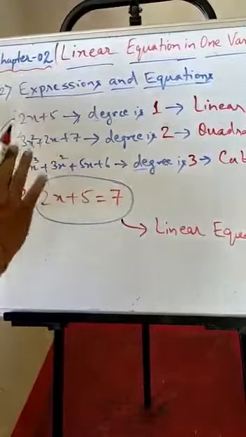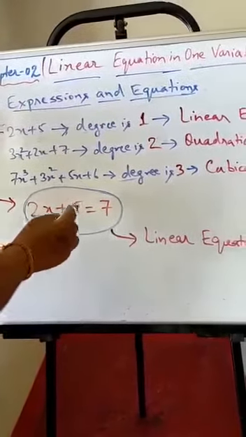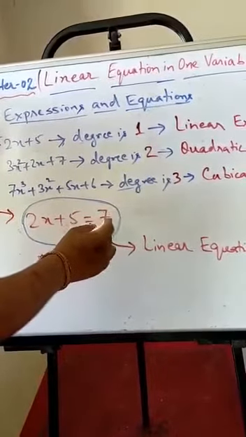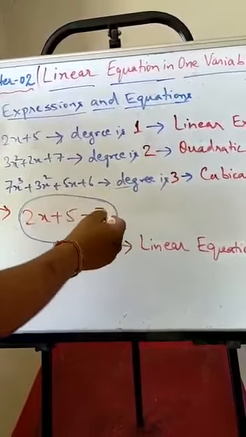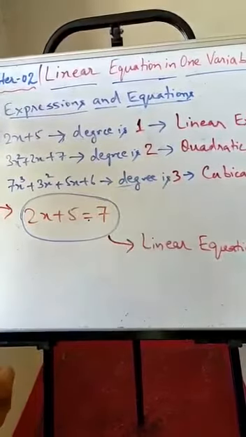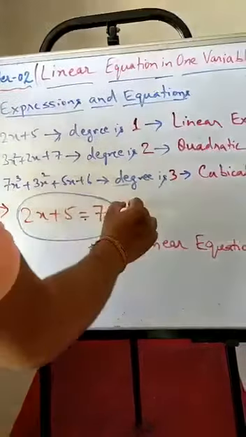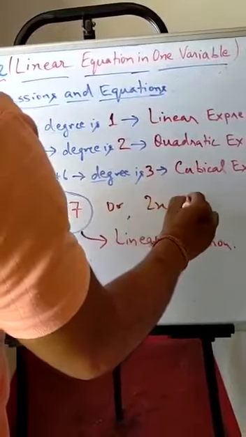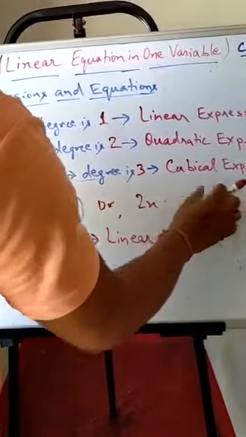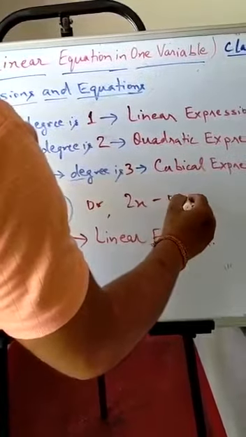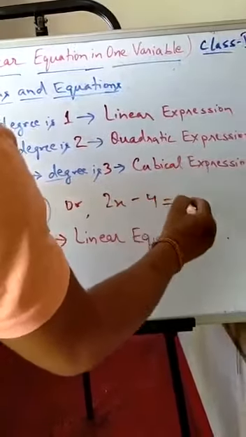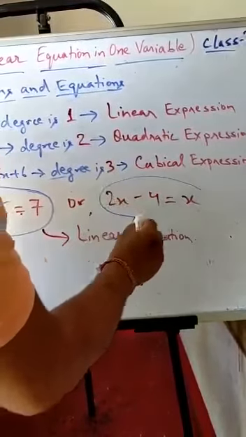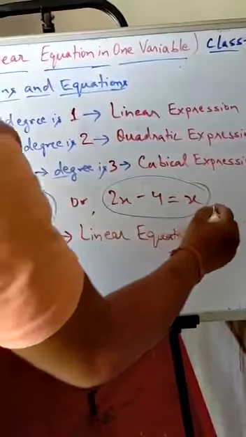When I combine an expression with an equal sign, such that it is equal to any number or any variable on the right hand side, for example 2x minus 4 is equal to x, even this is one kind of linear equation.